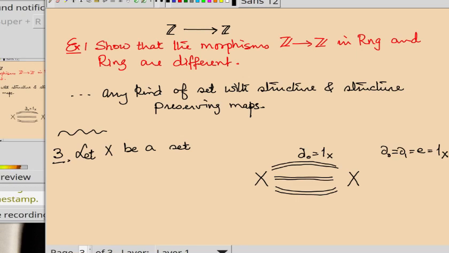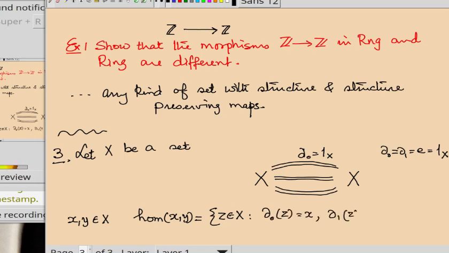So the first equation is satisfied automatically. There is nothing to look for. So then suppose I take x, y from X, what is hom(x,y)? So these are morphisms. So z from this X again, such that partial 0 z is x and partial 1 z is y.